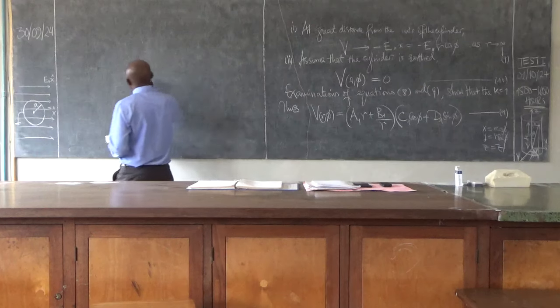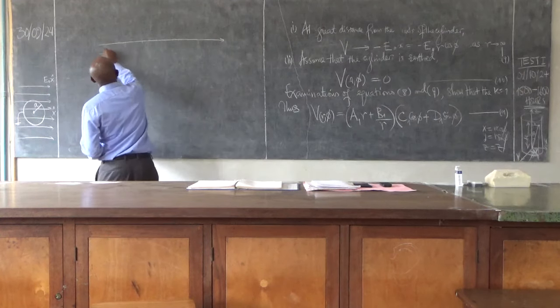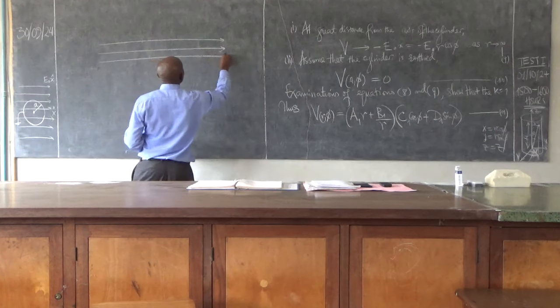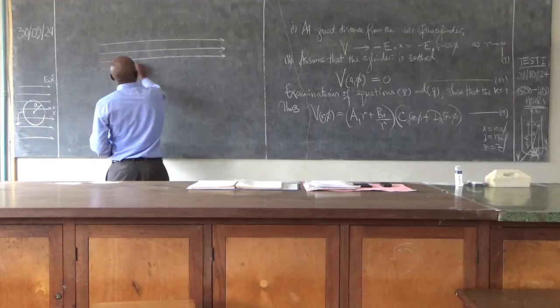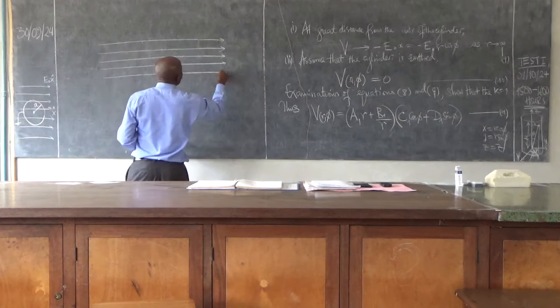So we simply have the field along the x, and then we shall draw the resultant one after, it should be procedural.